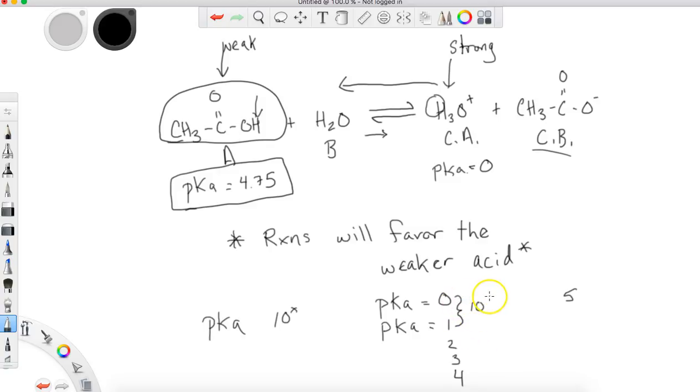And the difference between a pKa of 0 and 2 is a factor of 100, because 10 to the second is equal to 100.